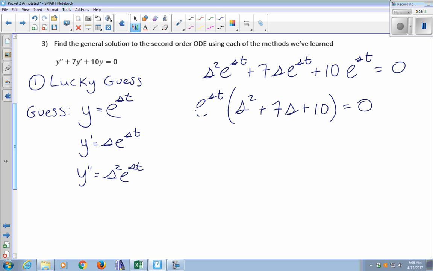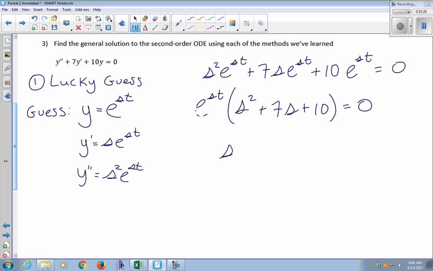e^(st) can never be 0. There's no t that I could put in there that would make that term 0. So you could think of it as dividing both sides by e^(st), or you set each factor to 0. e^(st) just is never 0.